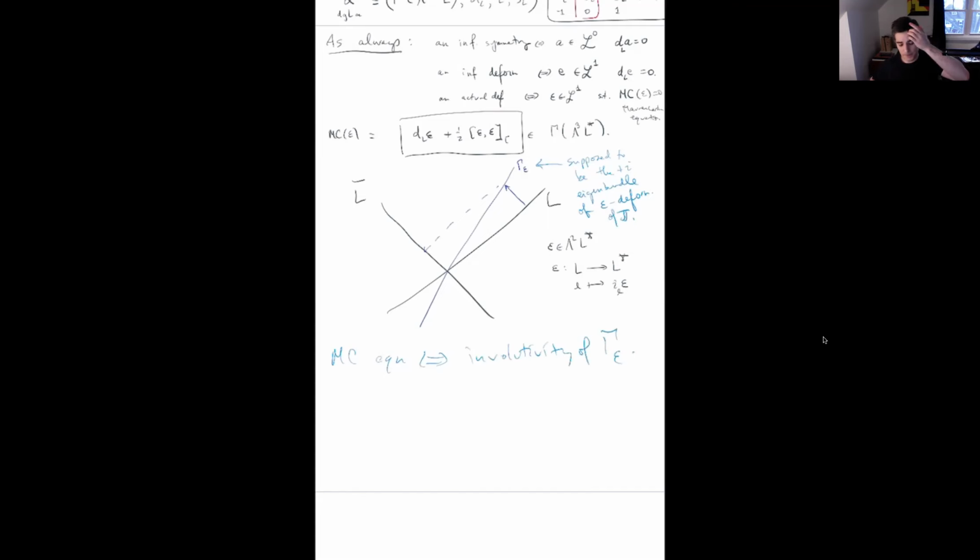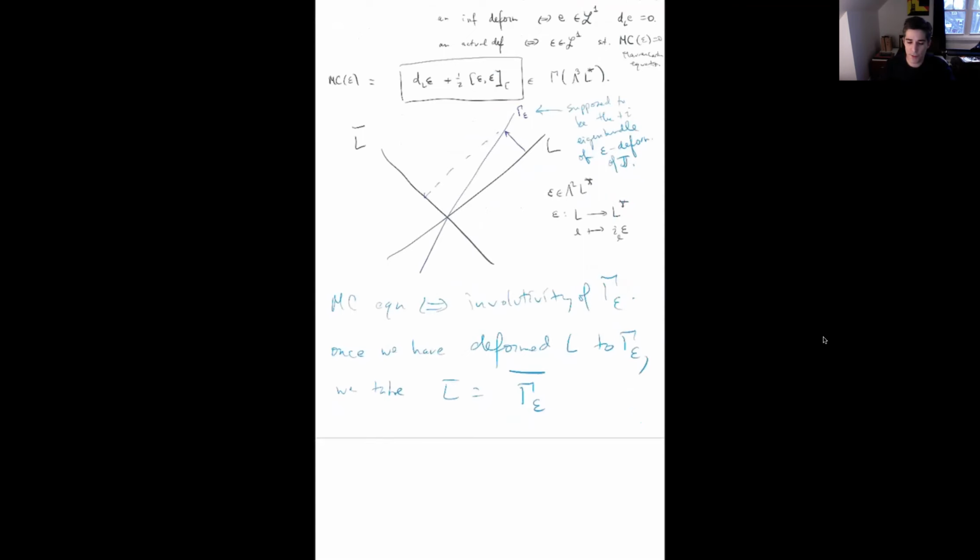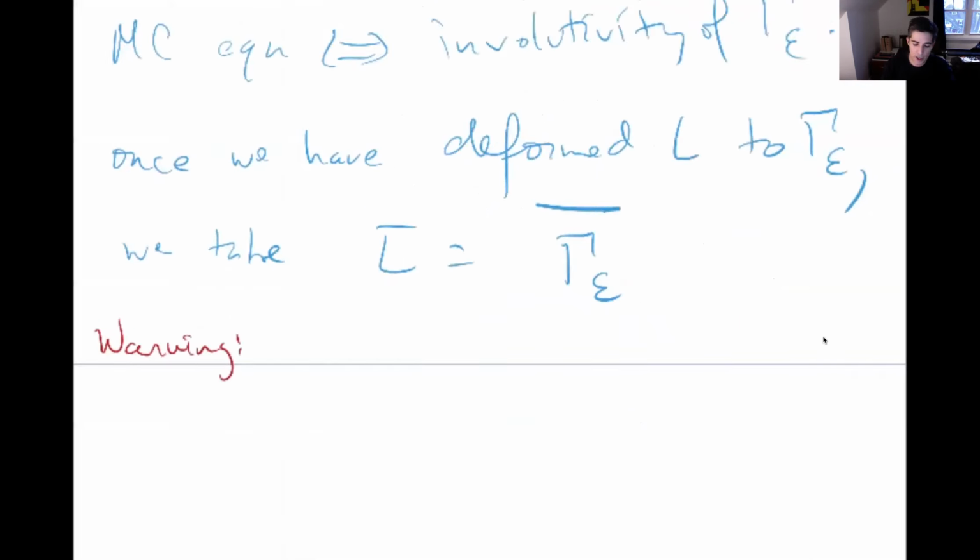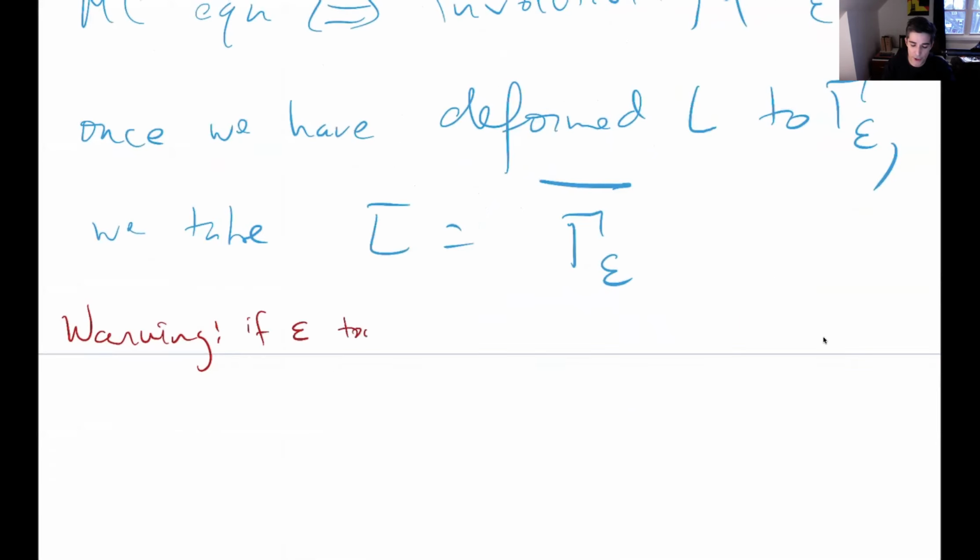Okay, and then once we have deformed L to the graph of epsilon, we take L bar to be the graph of epsilon bar. Okay, and this might be a problem. So there's a warning here. The warning is that if epsilon is too large, it might be that graph of epsilon intersect graph of epsilon bar is not empty, is not zero.